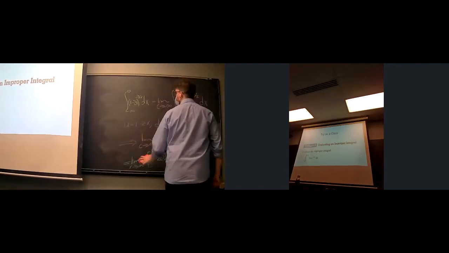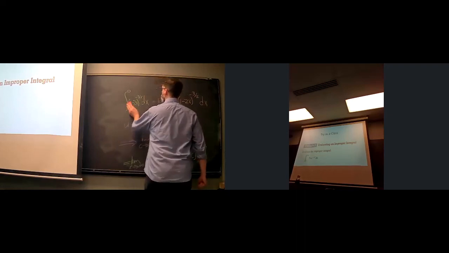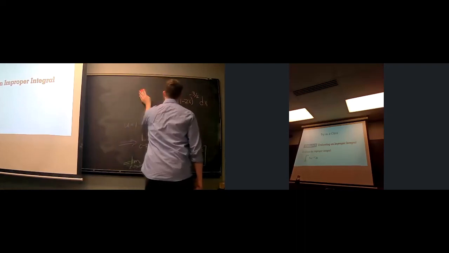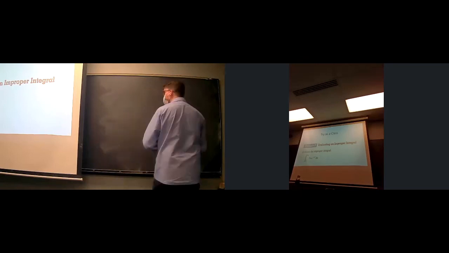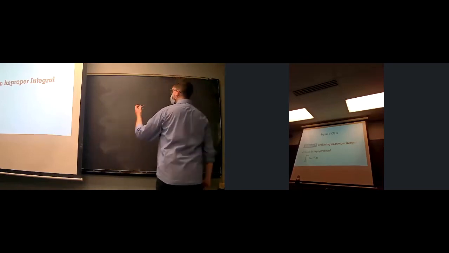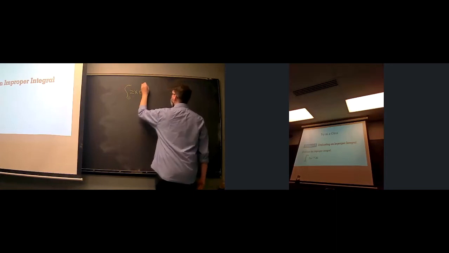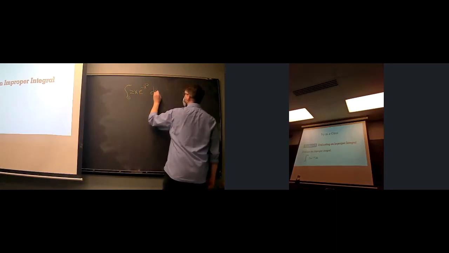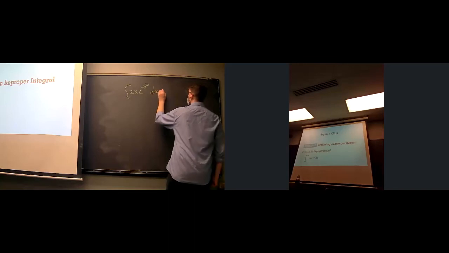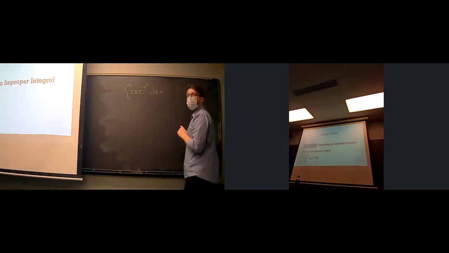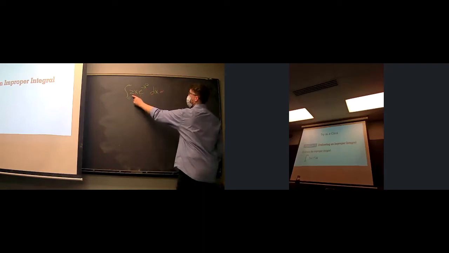Now, as another example, we've got the integral from 0 to infinity of 2x e to the negative x squared dx. We're obviously going to apply u sub here, right? Because we've got u and du down here.